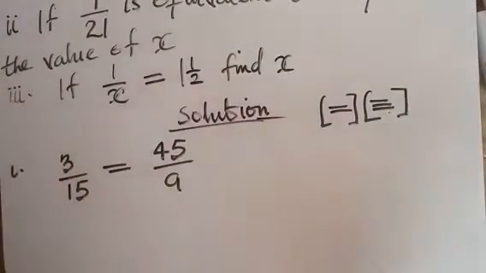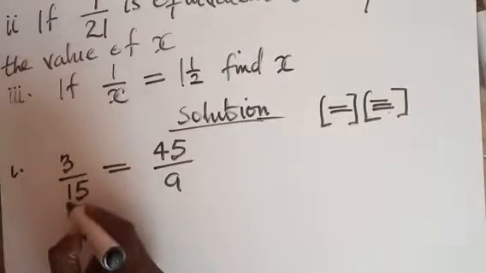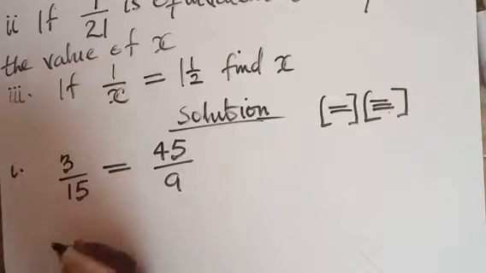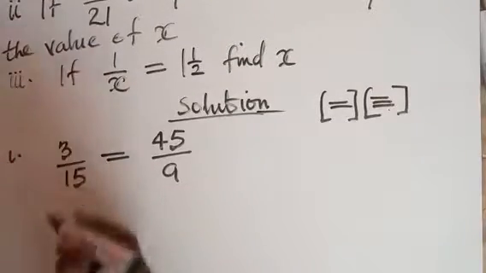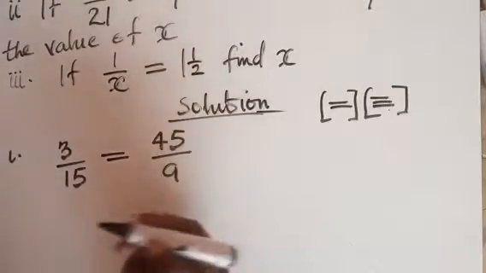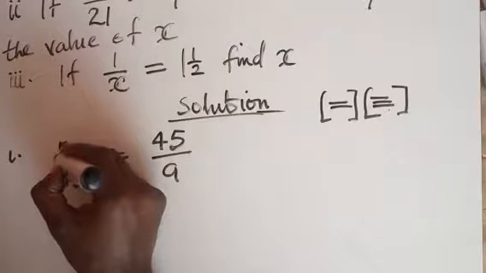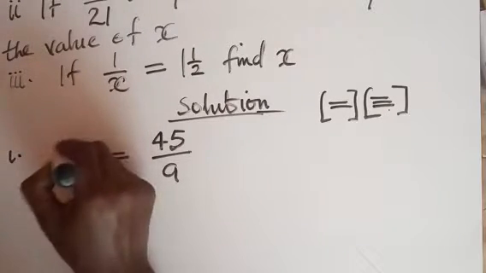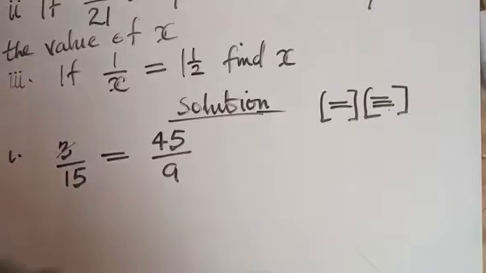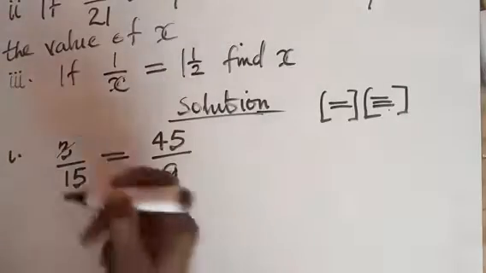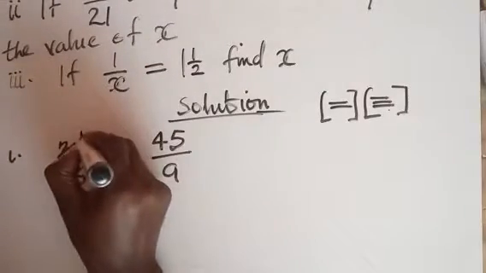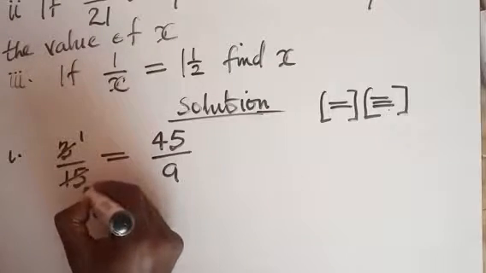Good. Now what I say is, I've been told in this regard I have to apply cross multiplication. But do I have to do it straight away? Whilst I know that this 3 can go into 15. So in this case, I have to reduce it so that the figures will not be too huge. Now 3 will go into itself 1. 3 will go into itself 1 and go into 15, 5.